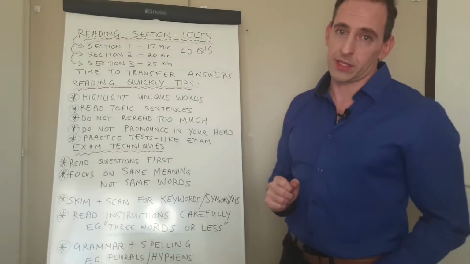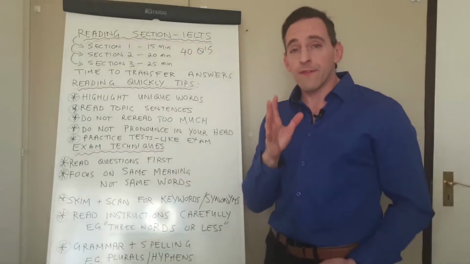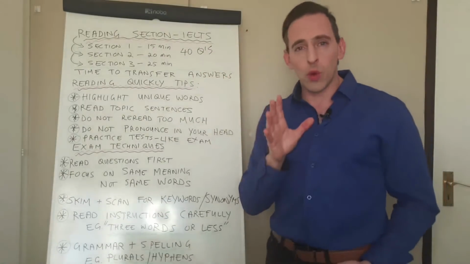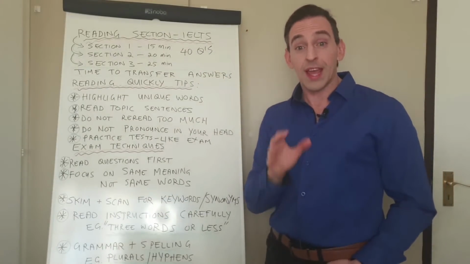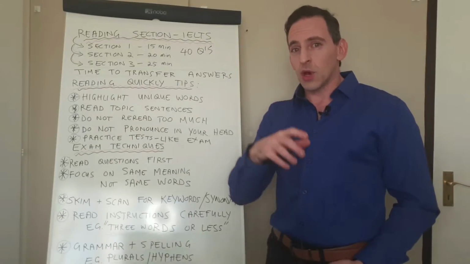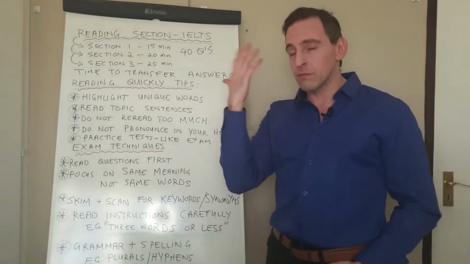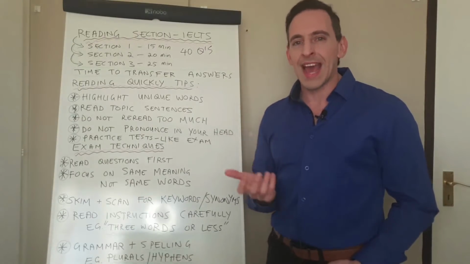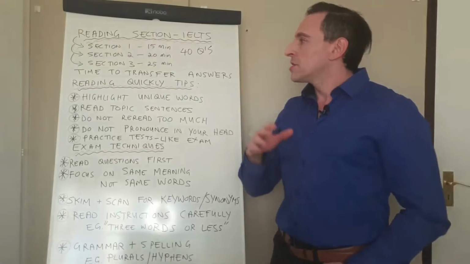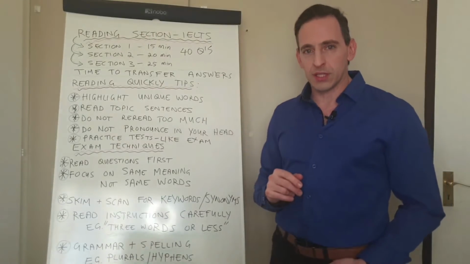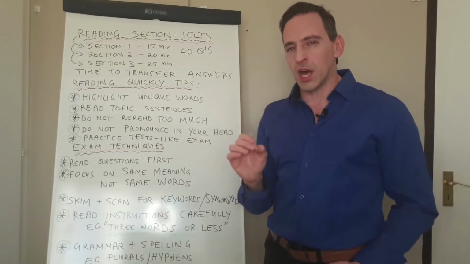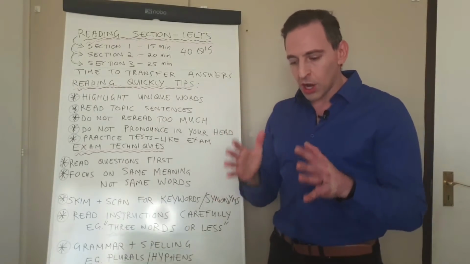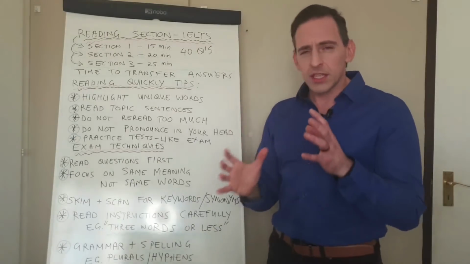Now, there are other things that you must bear in mind for time management. Remember, you have 40 questions that you have to get through in an hour. So at the most, if we were looking at it from a mathematical point of view, you have a minute and a half that you can spend. So one thing you must realize, don't spend too much time on any one question. Don't sit there trying to get this one question to make sense.